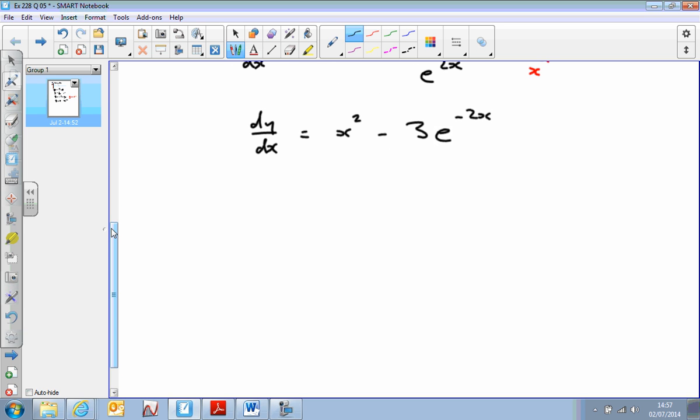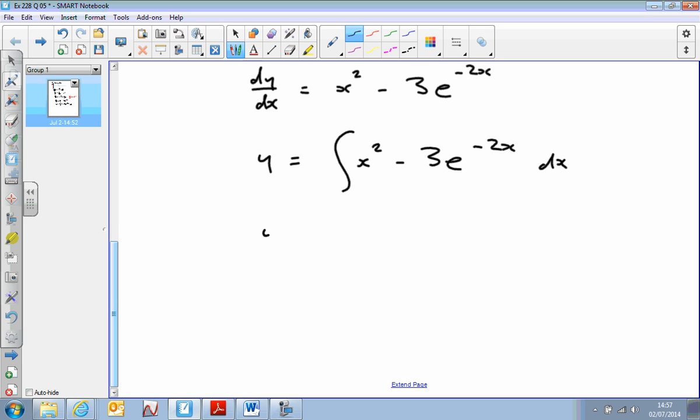So integrating both sides, I get y equals the integral of x squared minus 3 e to the minus 2x with respect to x. Using my table of standard integrals, x squared goes up to 1 to the power divided by the new power, x cubed over 3. In the exponential case, I bring the minus 2 out and that goes underneath, and then the power stays the same.